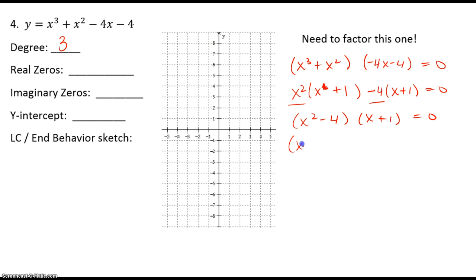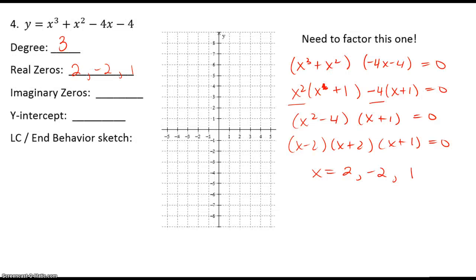And that x squared minus 4 can be factored one more time. And so I get zeros at x equals 2, negative 2, and 1. Okay, I have 3 real zeros. I have no imaginary zeros.